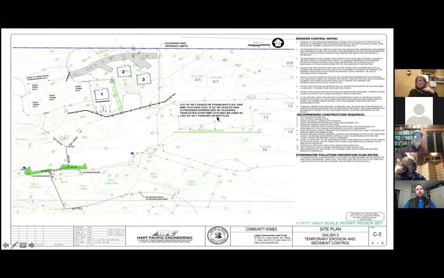But again, before you do a lot, because it's a lot to set up for all of this erosion control, talk with your engineer and look at your site and find ways that you can mitigate stormwater without having to spend a lot of extra time, money, etc. And here you'll notice it says recommended construction sequence.